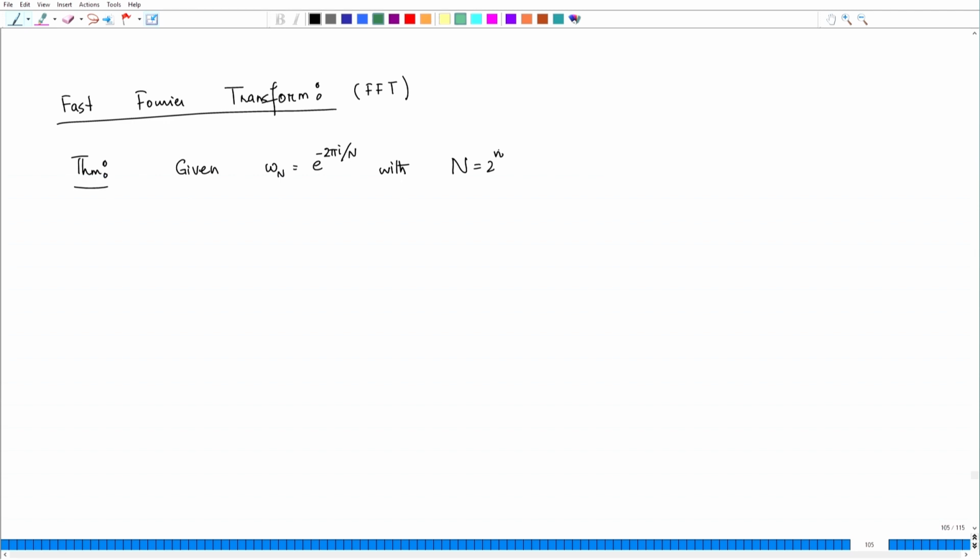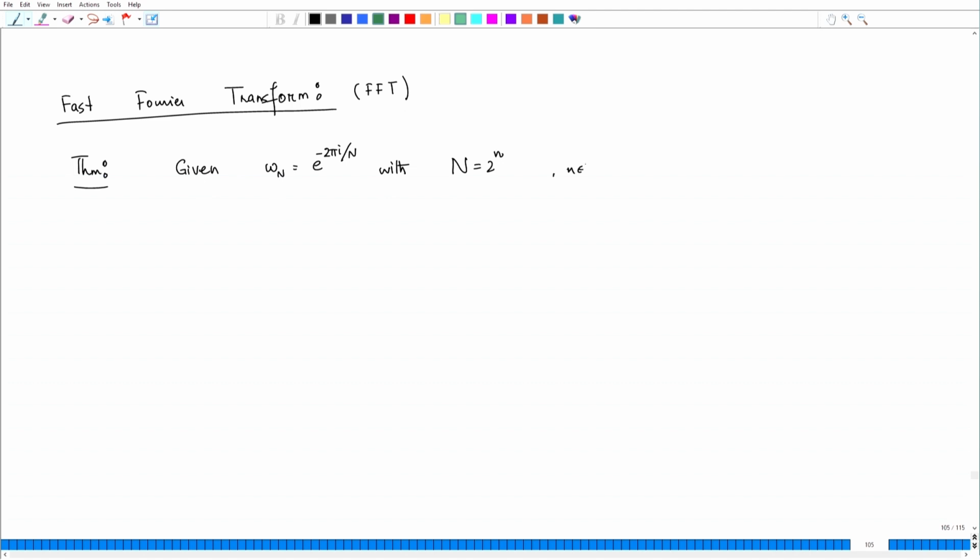This works in particular if our n is of the form 2 to the power n, where n is a non-negative integer, so n equal to 1 and onwards, a positive integer.